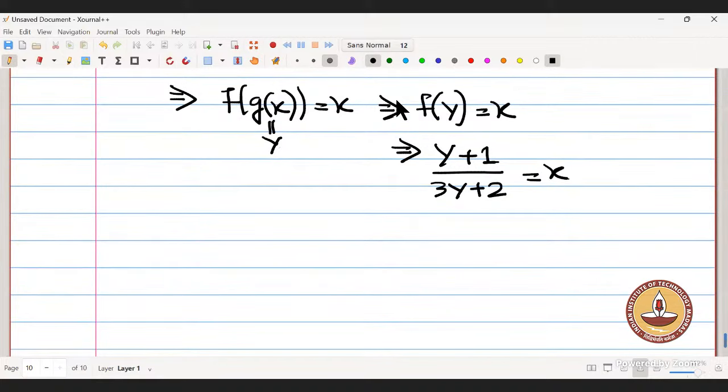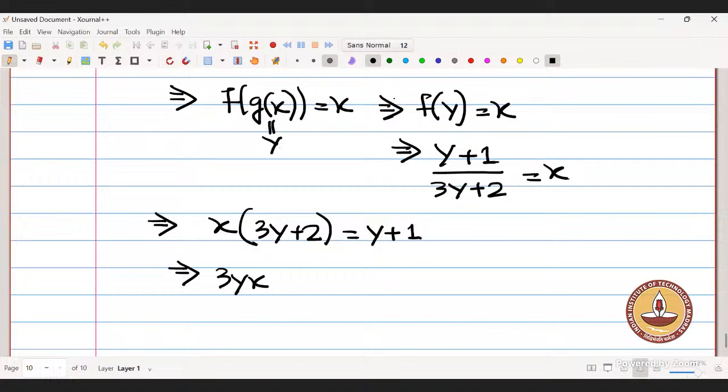Now if I cross multiply, what will I get? 3yx plus 2x equals y plus 1. And this implies 3yx minus y is equal to 1 minus 2x.